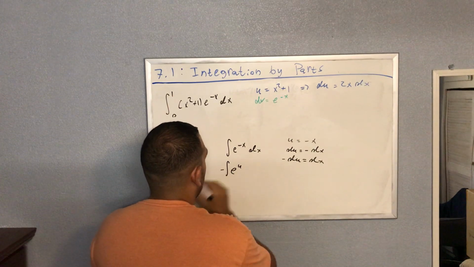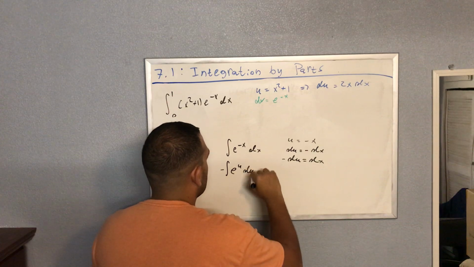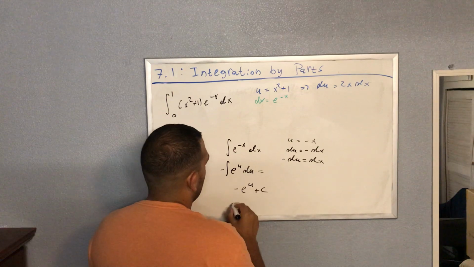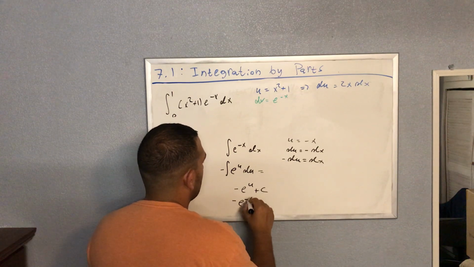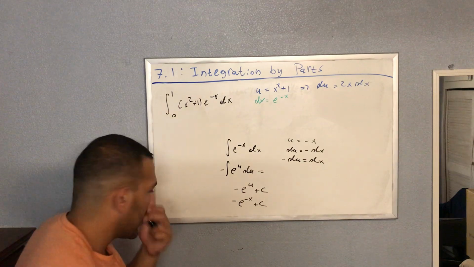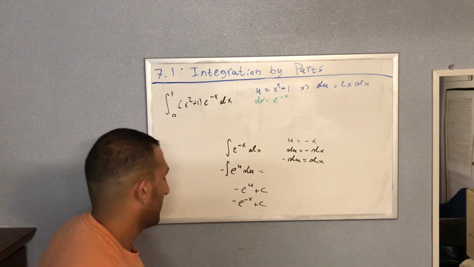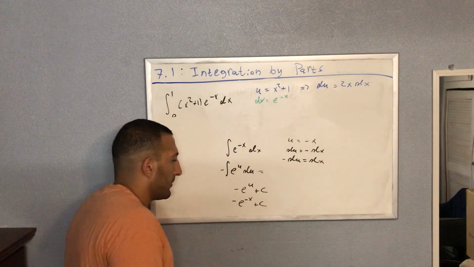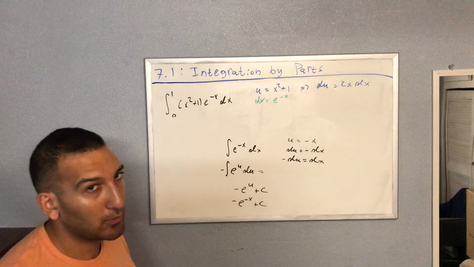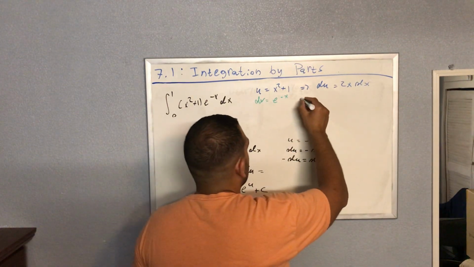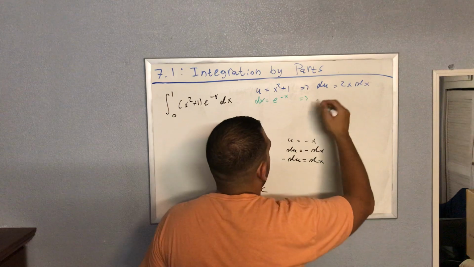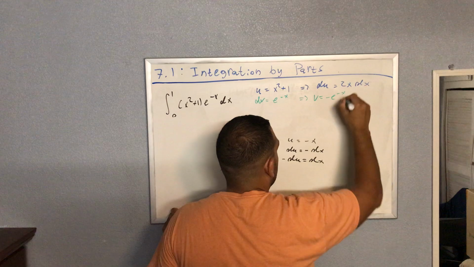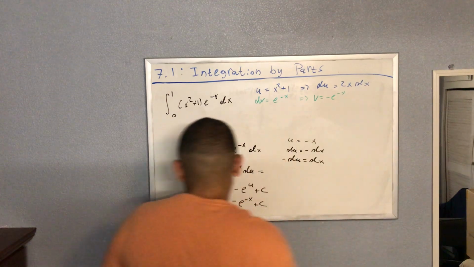So this becomes a minus sign here, and then e to the u du. So this is negative e to the u plus c, which is negative e to the negative x plus c. It's the same as e to the x, you just pick up a minus sign in front. These really quick little u substitutions we're going to do pretty frequently. They're going to start popping up like crazy, so we're going to want to get used to them. So then v is going to be negative e to the negative x.